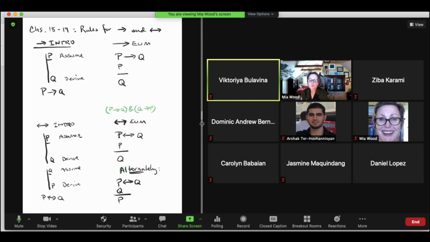Remember that in these rules, the letters P and Q stand for any sentence in the universe, right? So the reason why I've given you the alternative is it doesn't matter which side of the biconditional is affirmed. You can derive the other side.